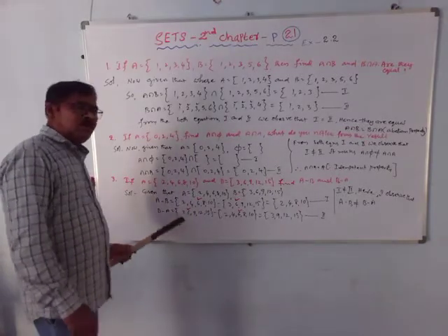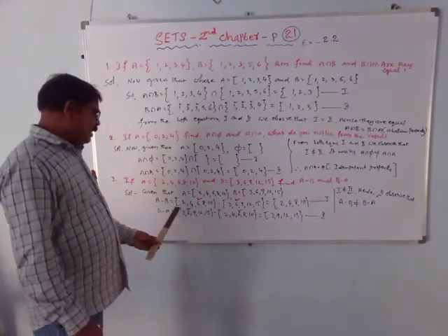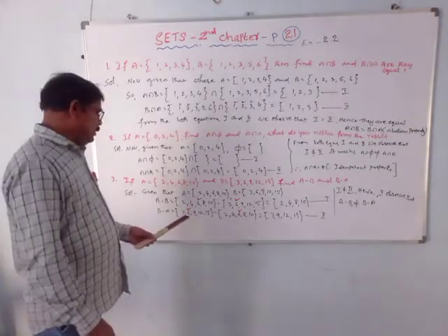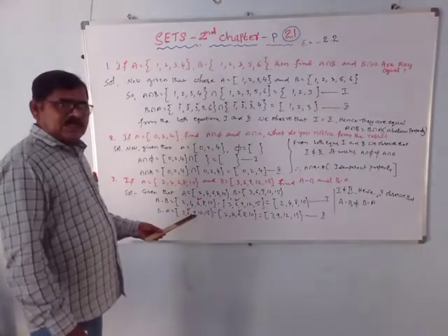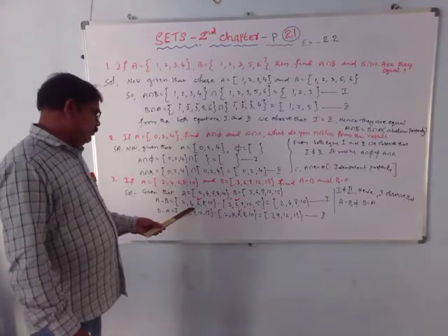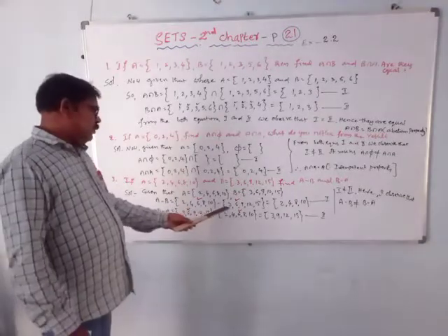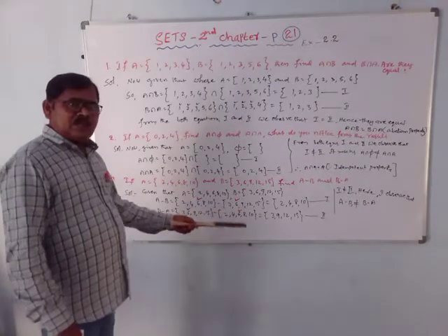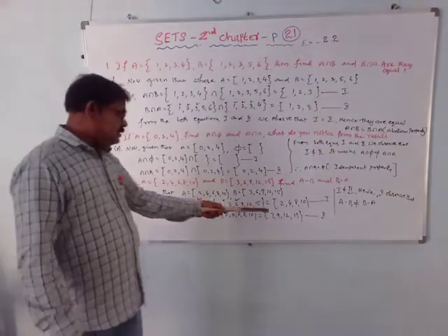Now we shall have to find A minus B. Here I am finding A minus B. A is equal to the set as written, minus the set B as given.